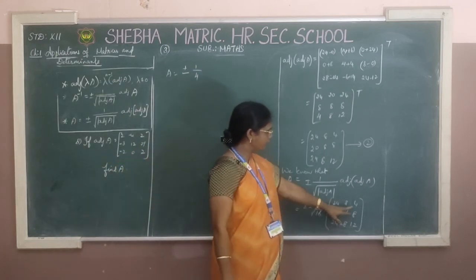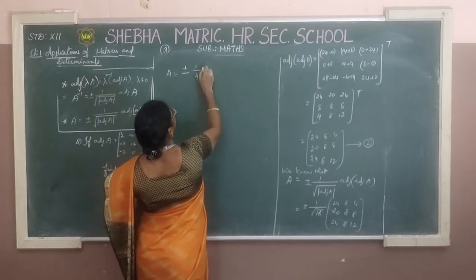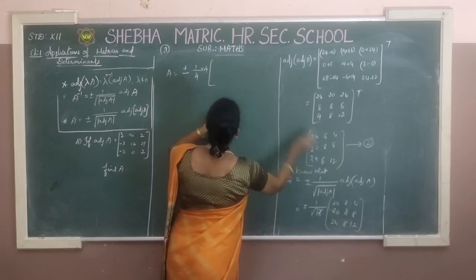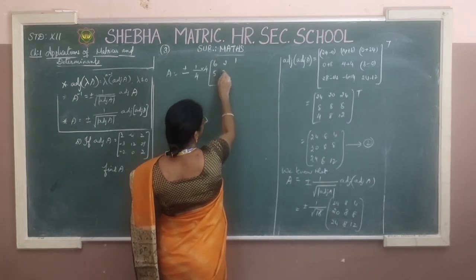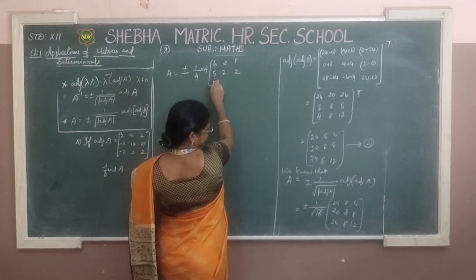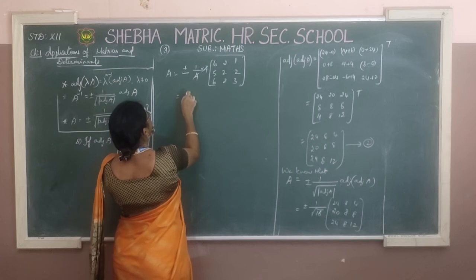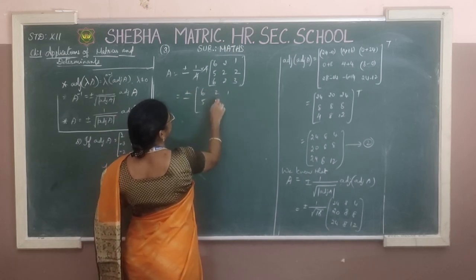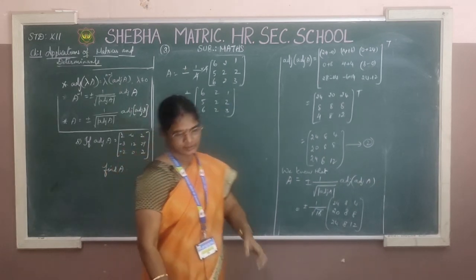And taking 4 from the matrix outside, what we get inside? Divide 24 by 4, we get 6. Here 2, 1. Here 5, 2, 2. Here 6, 2, 3. So strike these two, we get plus or minus the matrix 6 2 1, 5 2 2, 6 2 3. Okay, is it clear?